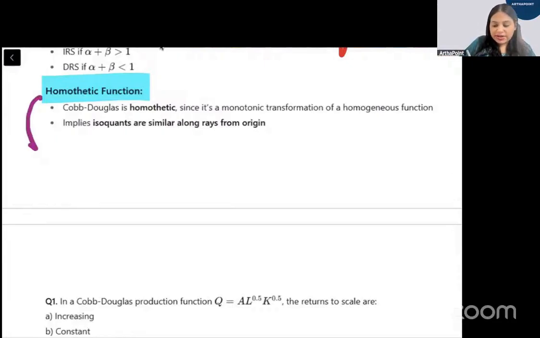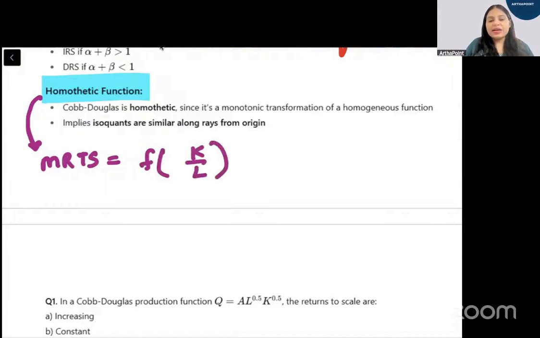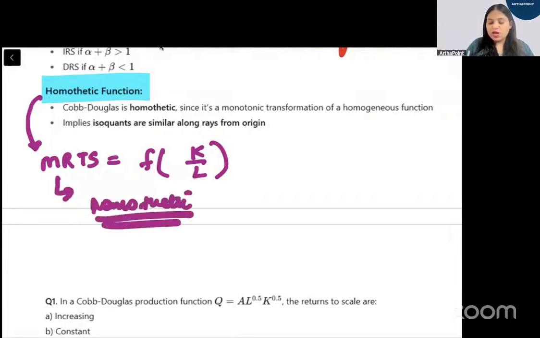But a homothetic production function is any production function where MRTS is a function of capital by labor. अगर हम MRTS को, अगर हम स्लोप को इनपुट के रेशियो में रिप्रेजेंट कर पाए, तो उस प्रोडक्शन फंक्शन को होमोथेटिक प्रोडक्शन फंक्शन बोला जा सकता है. It can be called a homothetic production function.